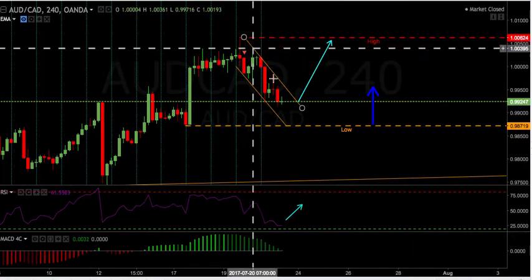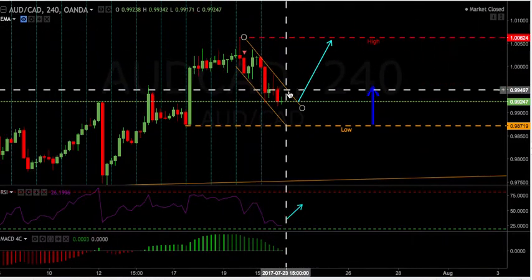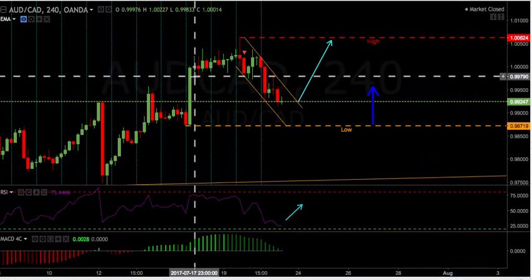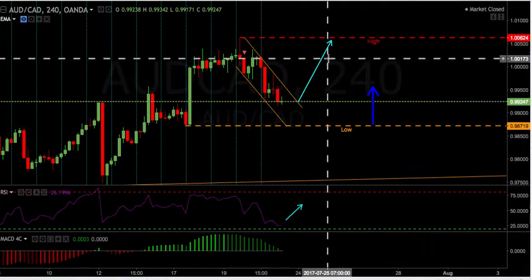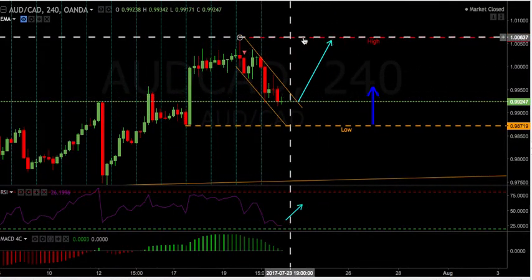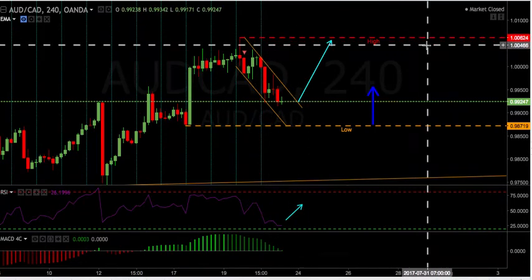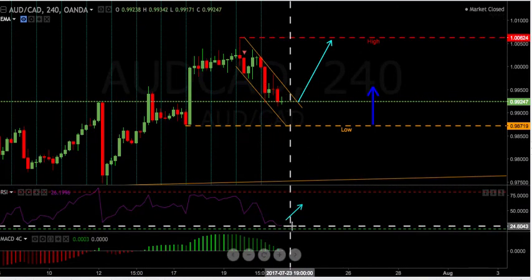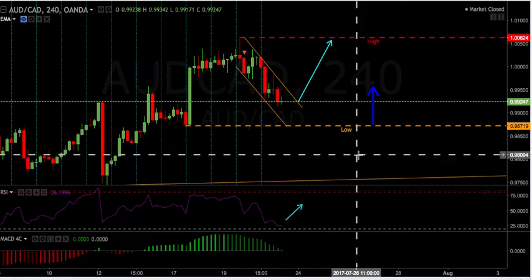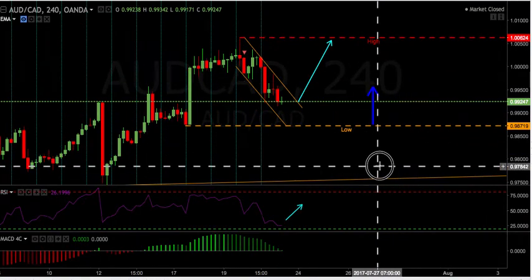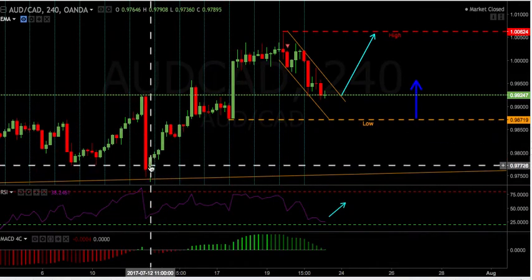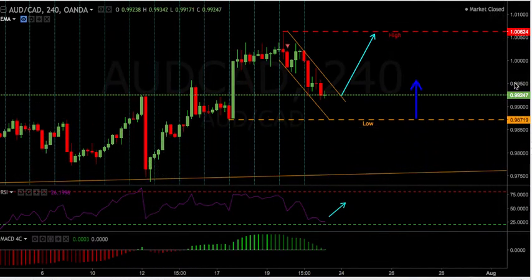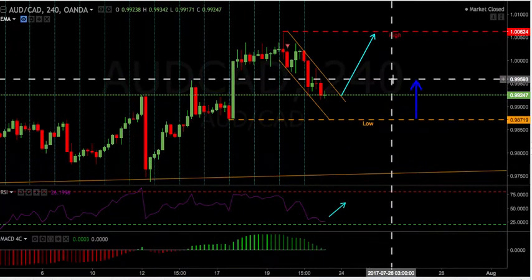Okay, so right now our Aussie CAD, we have a descending channel and bullish sentiment, so we're expecting a bounce in this area and a break of this pattern with a possible retest of this high. We're almost oversold, so everything's pointing bullish for us this week. Nice bounce off of the low here, and so we're still moving up.